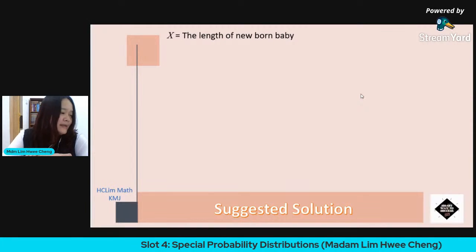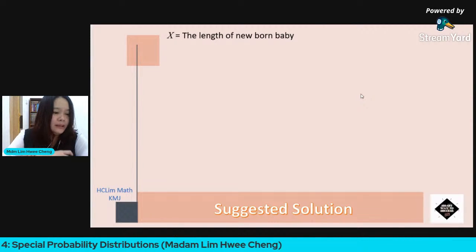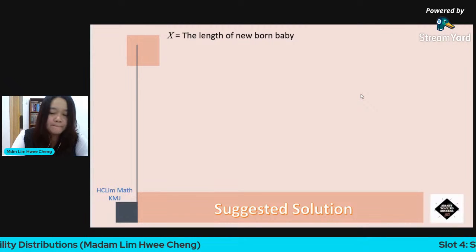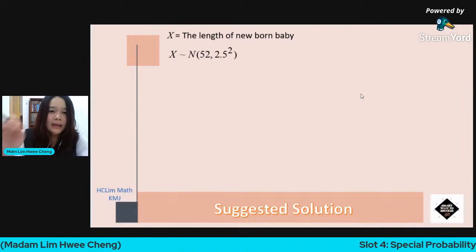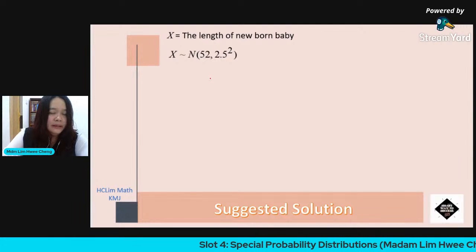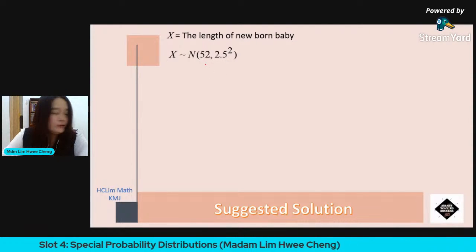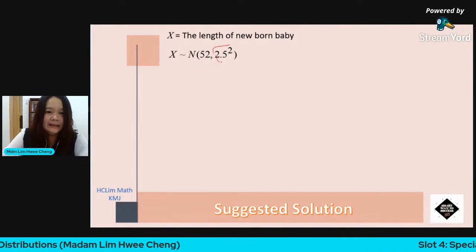Okay, so I denote that X is the length of the newborn baby here. I will do this by using the normal distribution with the parameters mean of 52 and the variance. Be careful here, because they give you the standard deviation, which is 2.5.